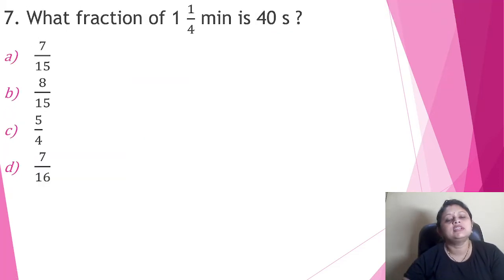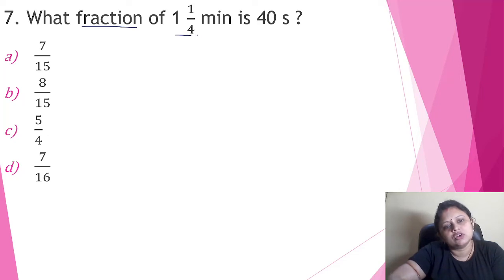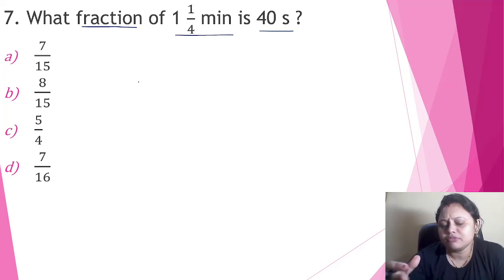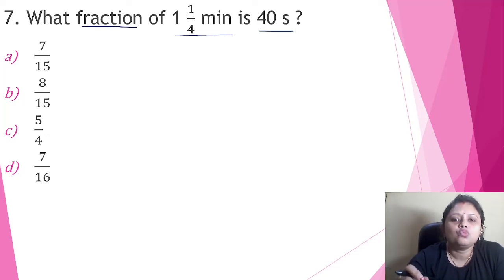What fraction of 1 whole 1 by 4 minute is 40 second? Option A 7 by 15, B 8 by 15, C 5 by 4, D 7 by 16. So the question is, what fraction of 1 whole 1 by 4 minute is 40 second? So when we find the fraction, the unit must be the same.